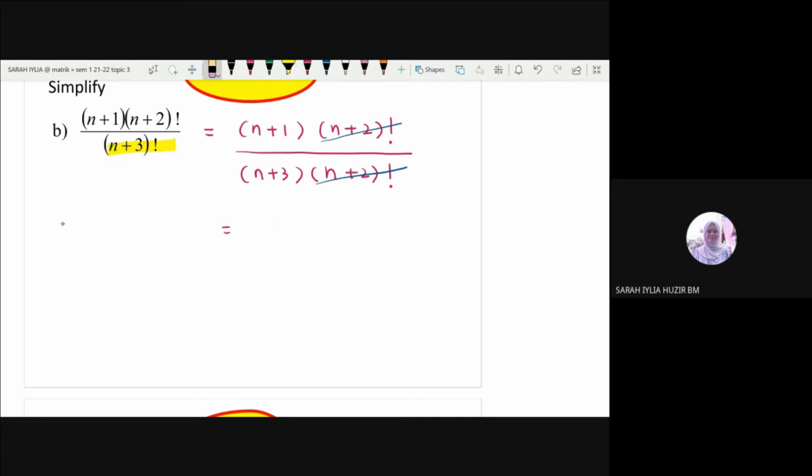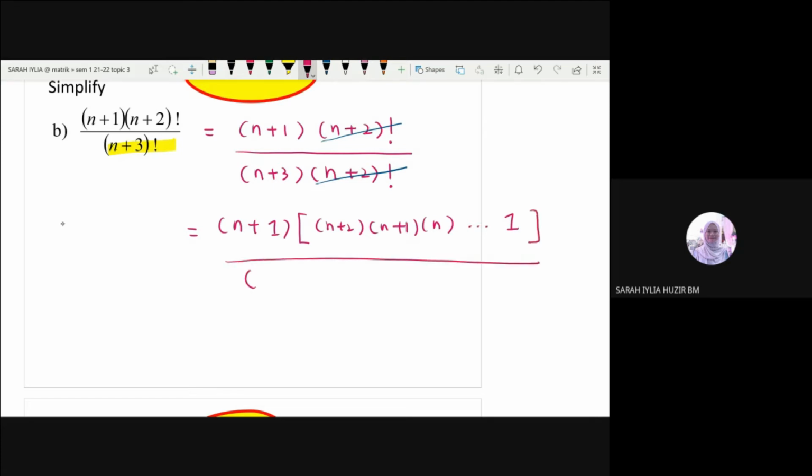Okay, version panjang dia, saya tulis semula. Kalau n plus 2 factorial ni saya buka, dia akan jadi n plus 2, n plus 1, n. And then the list goes on sampai dia stop kat 1. Kan?